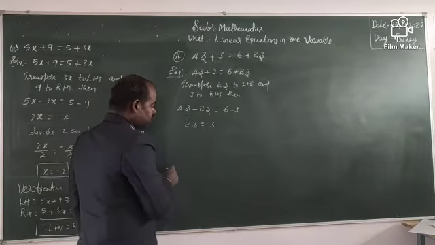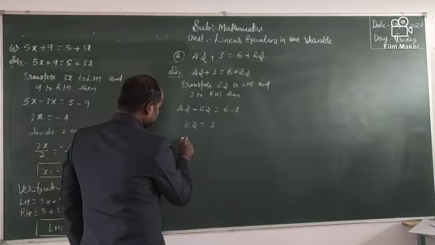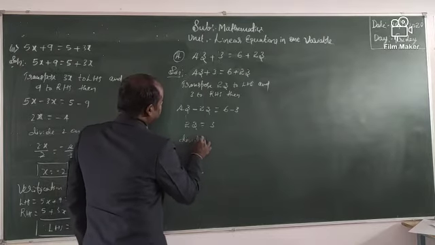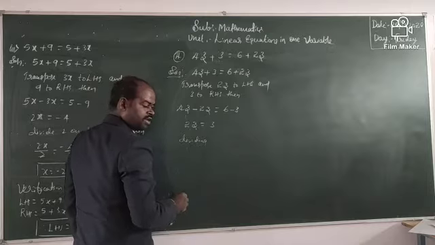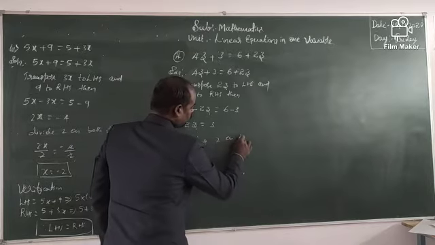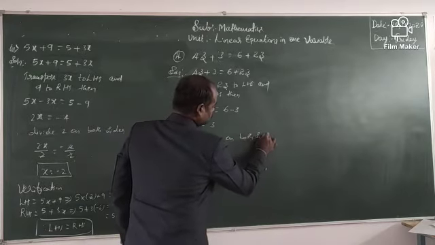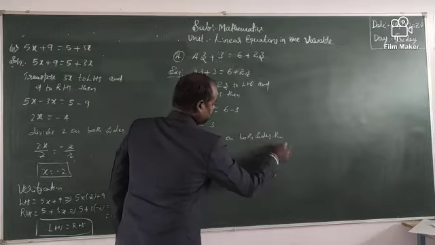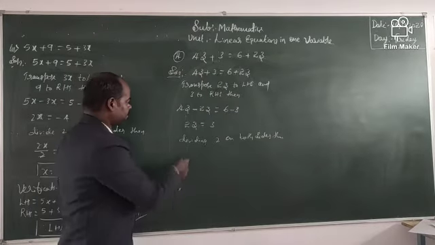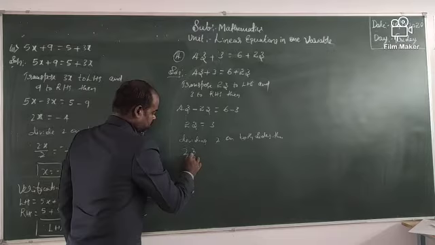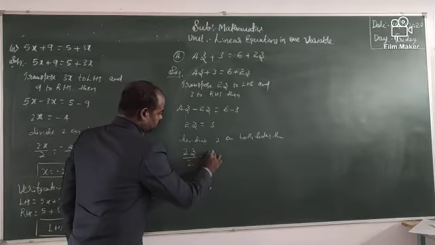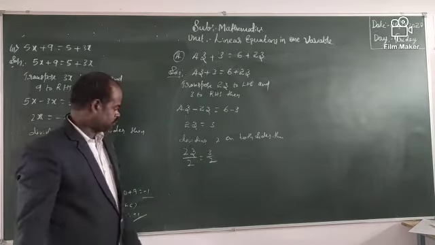Therefore, we have to divide by 2 on both sides. Then the equation will become 2z divided by 2 is equal to 3 by 2.